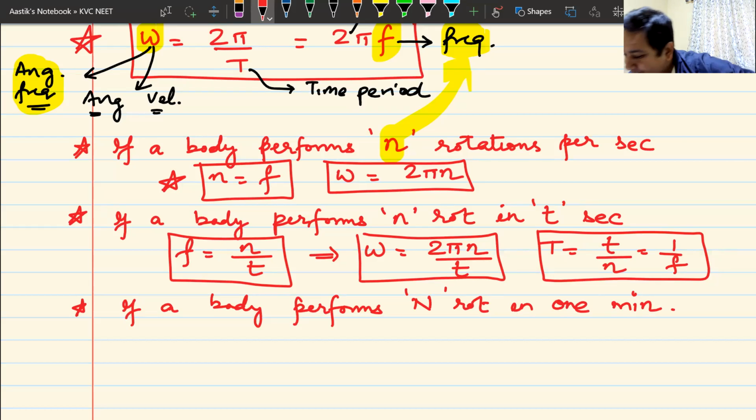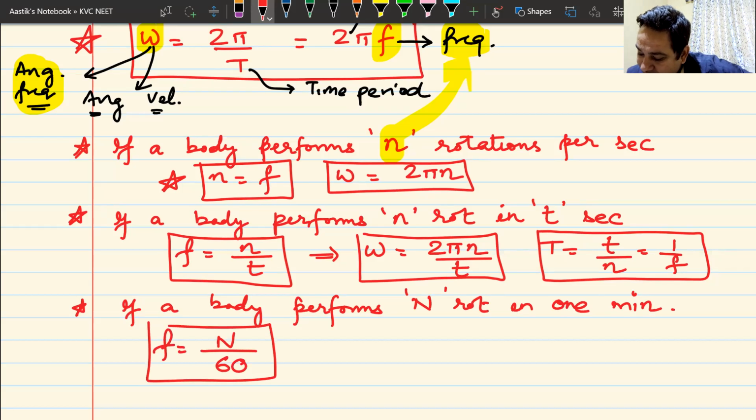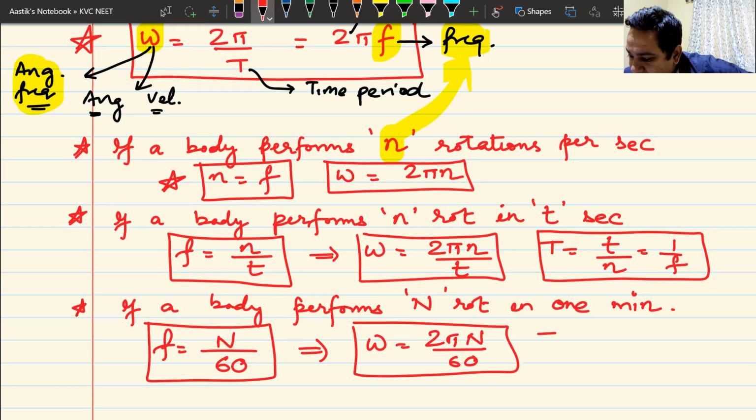Can you now tell me? It is very simple. Your frequency f becomes N by 60, since 1 minute has 60 seconds. And omega becomes 2 pi capital N by 60, and your time period becomes 60 by capital N.